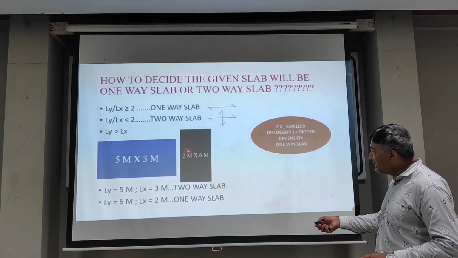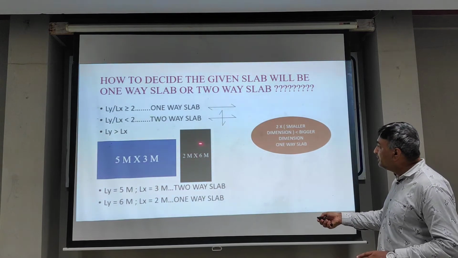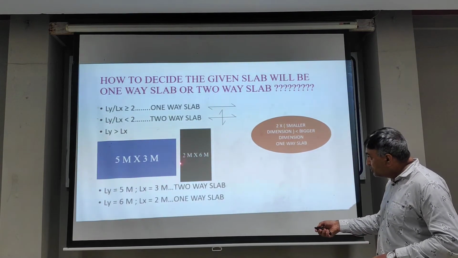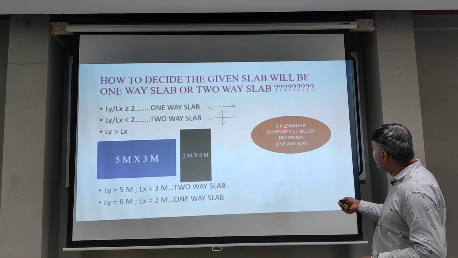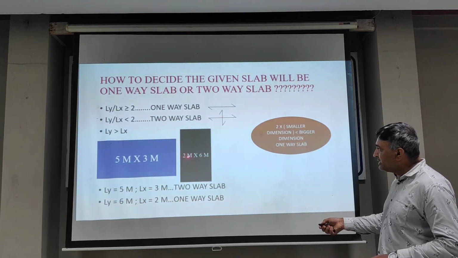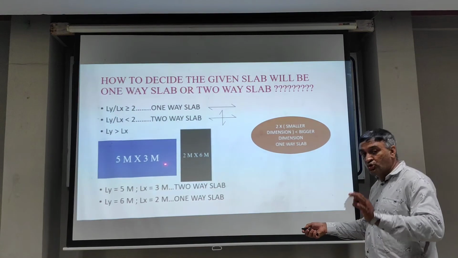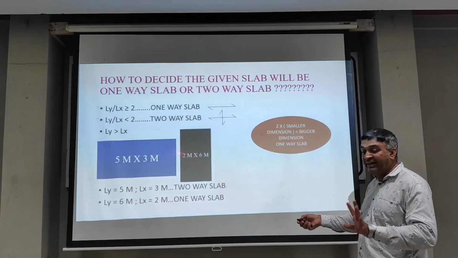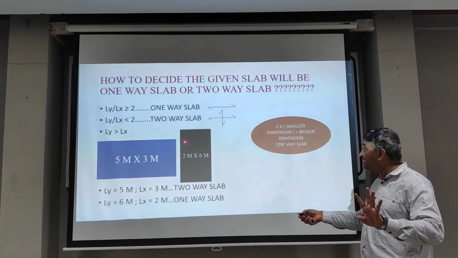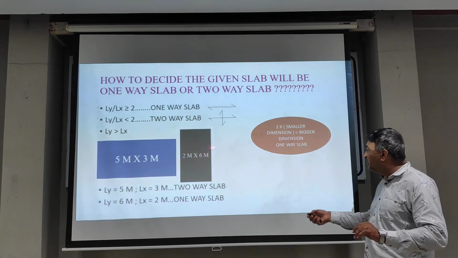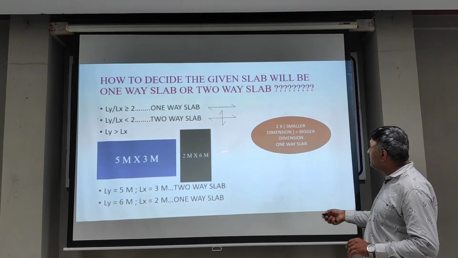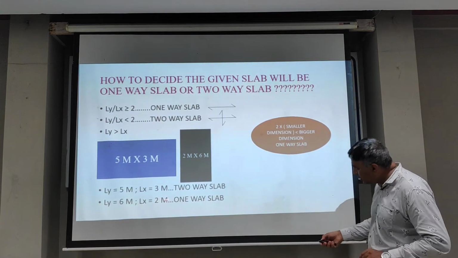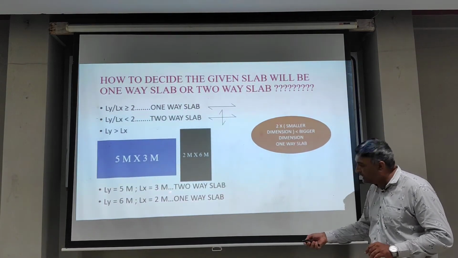If twice the smaller dimension is less than the other dimension, here 6, then the bigger dimension is more in comparison. So this slab is a one-way slab.